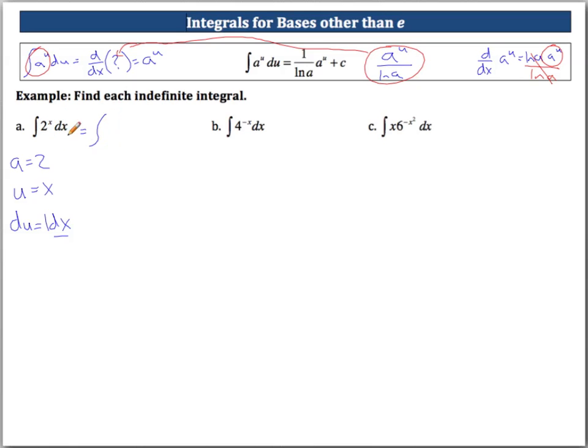Well, let's see. 2 to the x, that is a to the u, and then dx is du. And so I do see this function, meaning this is going to equal a to the u over natural log of a. Okay, and we can substitute back in now. So this is going to be 2 to the x over the natural log of 2. And don't forget our plus c, because this is an indefinite integral.